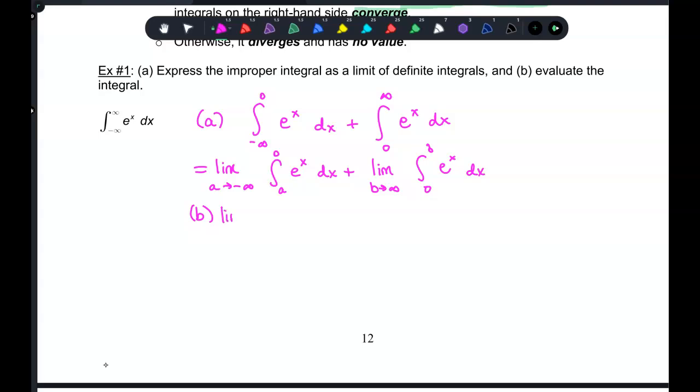Now for part B, we're going to evaluate this. So we'll have limit as a approaches negative infinity of e to the x evaluated from a to 0. And then the limit as b approaches infinity of e to the x from 0 to b.